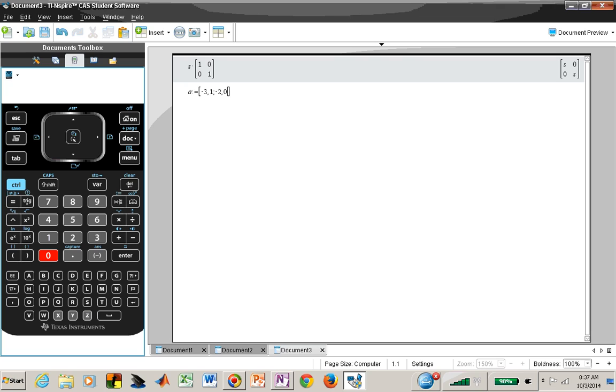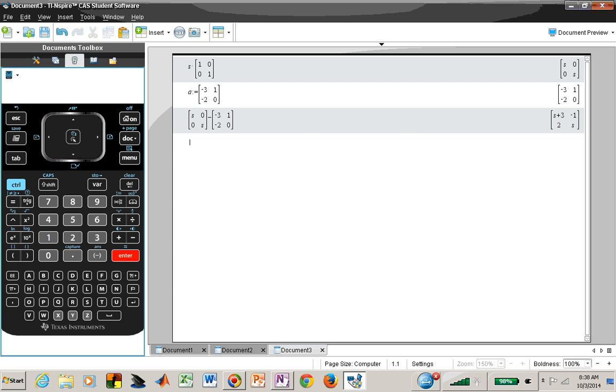Was that my matrix A? Don't want to have to re-enter that. Then I could simply go up and enter that sI minus A, then say subtract, and then go up again, pull down the A, and now I have sI minus A. Is that right?